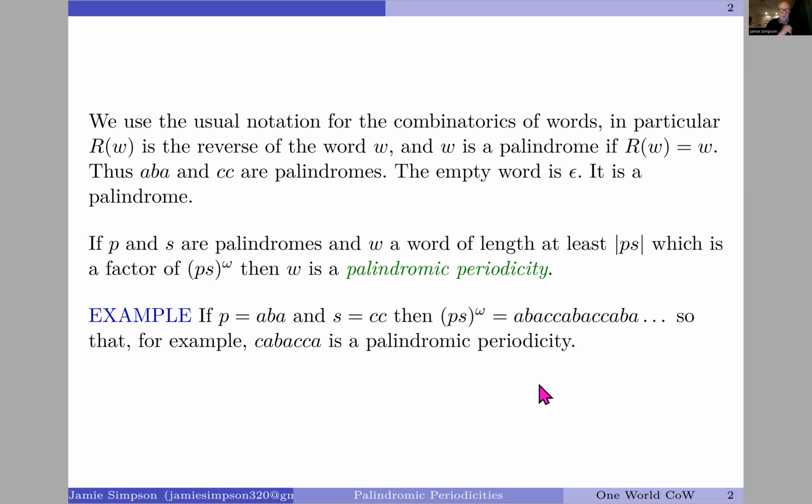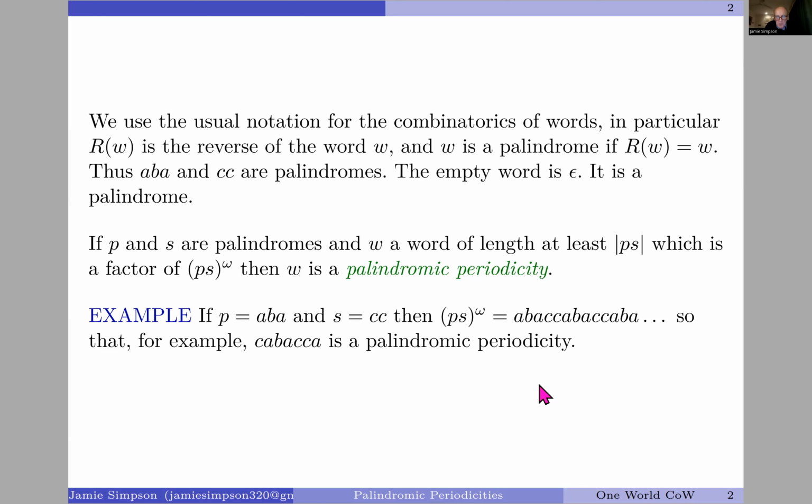Here is an example, using palindromes ABA and CC. We concatenate those together and get ABA, CC, ABA, CC, and so on. If we chop out any factor of that of length at least 5, which is the sum of the lengths of those two words, then that's a palindromic periodicity.